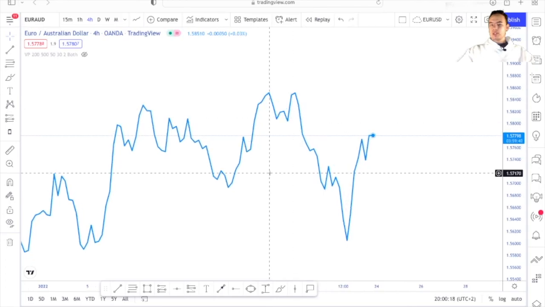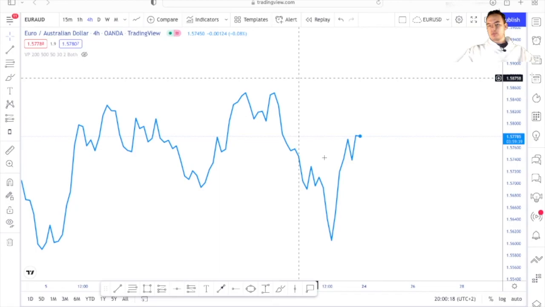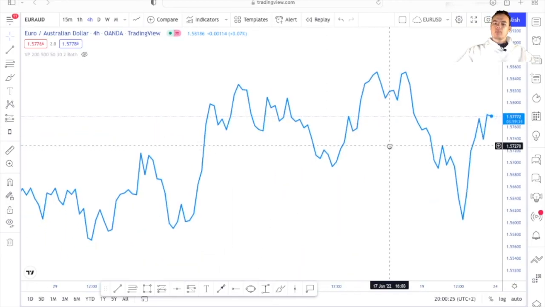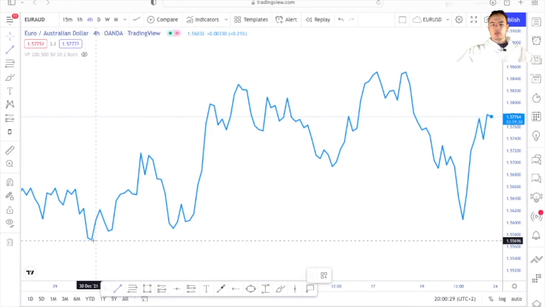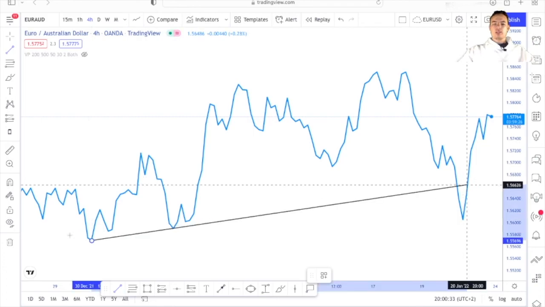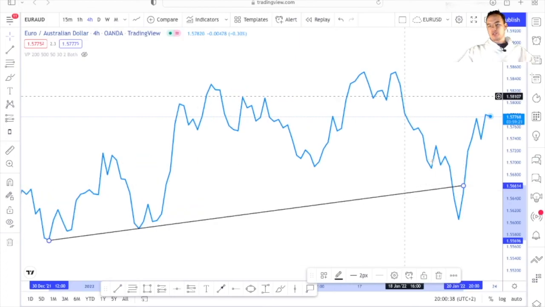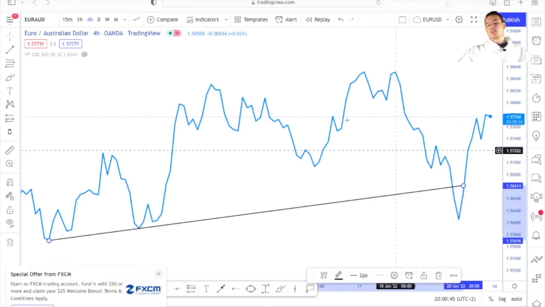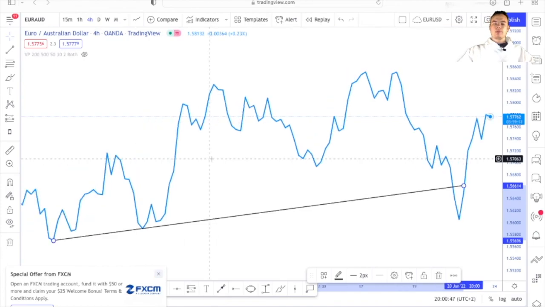So simple to read. However, like I said, it only gives you the closing price, but it's good for, let's say you wanted to put your trend line there. It will help you identify that it's an uptrend. Here's a downtrend. Lower low, lower high, higher low, higher high, lower low, etc. So nice to use as well.